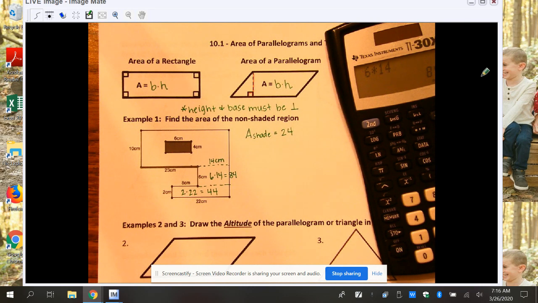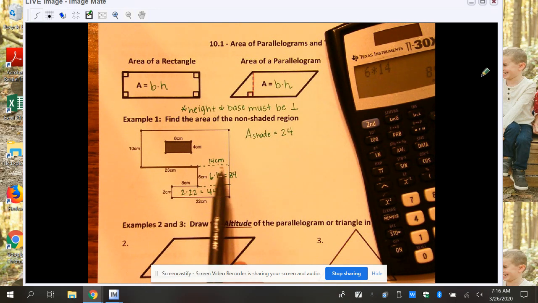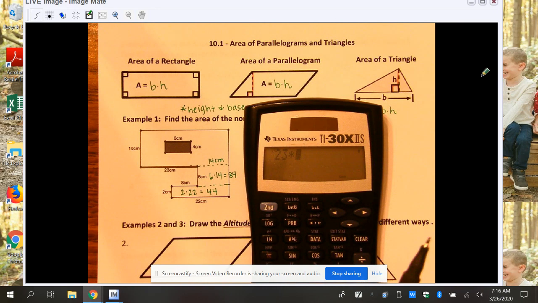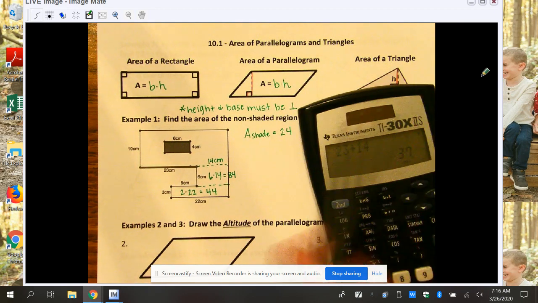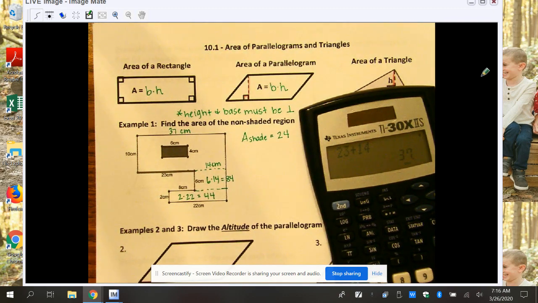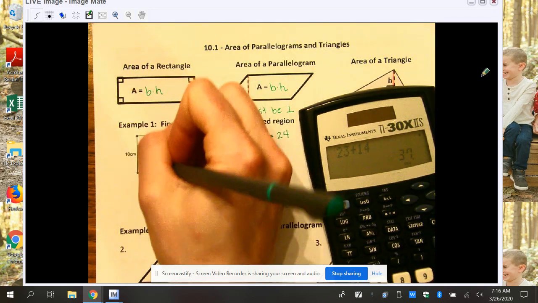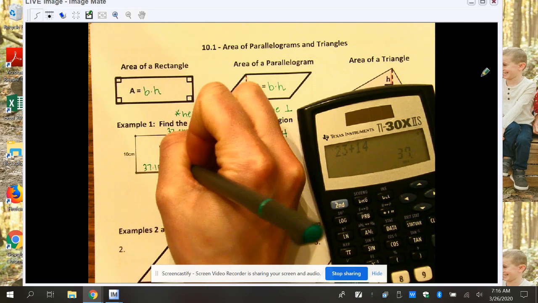And then this last part right here, I know that height is 10, and then this base, I still needed that 14 for. So 23 plus 14 is going to be 37. We write that up here so I don't crowd it. And so then 37 times 10 is going to be 370.